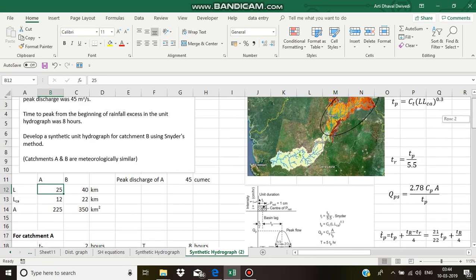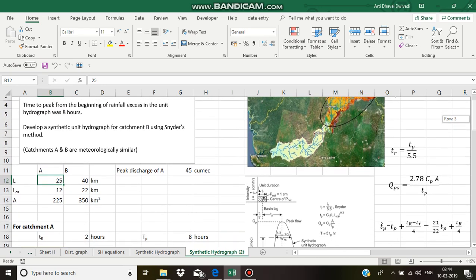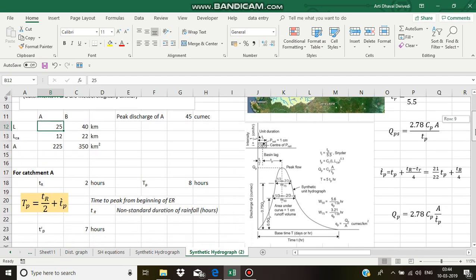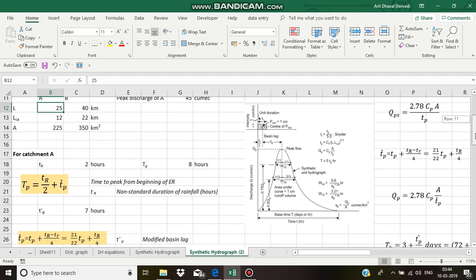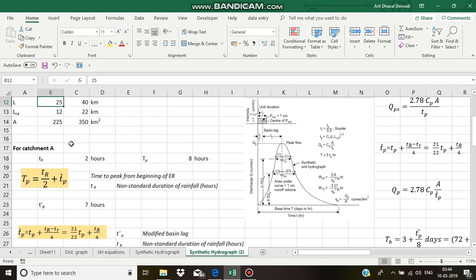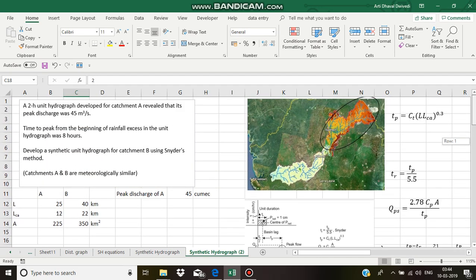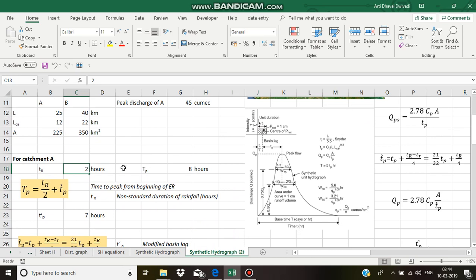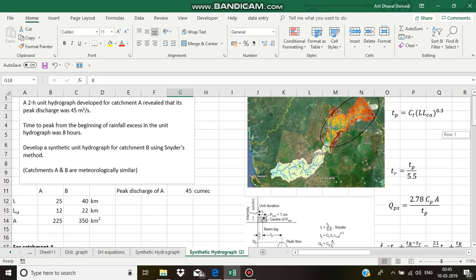Now, from the information given about catchment A, we will be calculating some useful parameters. So TR is given, it is 2 hours. It was already described in the problem, 2-hour unit hydrograph. Yes. So TR is 2 hours. TP is 8 hours, time to peak. It was also given.